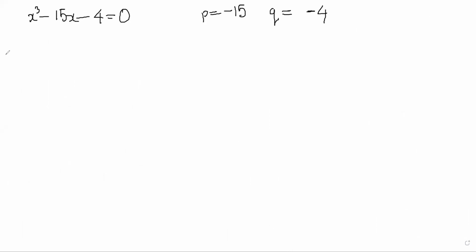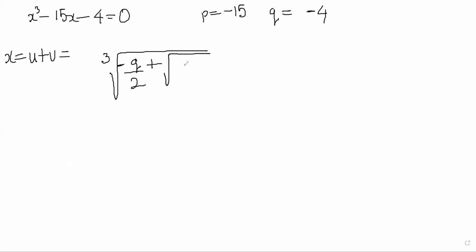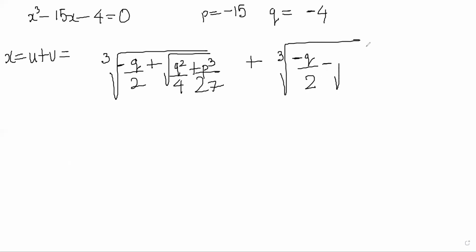And x is equal to u plus v is a root, where u is the cube root of minus q by 2 plus square root of q square by 4 plus p cube by 27, and v is the cube root of minus q by 2 minus square root of q square by 4 plus p cube by 27.